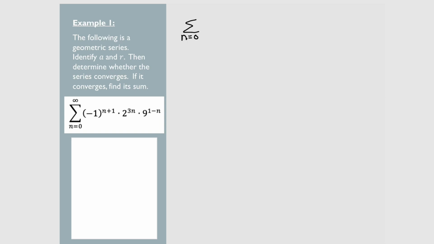So this infinite series runs from n equals 0 to infinity. And what I want to start by doing is breaking up those exponents where there's a sum or difference, and look at it just a little differently. So let's take -1 to the n plus 1 and instead rewrite that as -1 to the n times -1 to the 1.